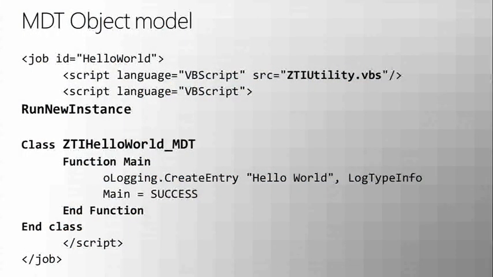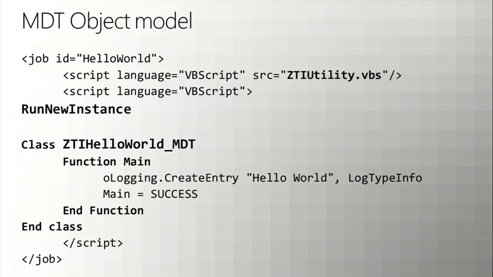A little note about the MDT object model: if you've ever opened up some of the scripts inside MDT, you've noticed that it contains these class functions. And the ZTI utility also is in a class hierarchical format. It is encouraged but not required to run. In this particular case, I could actually strip out the run new instance, class, the functions, everything except for the hello world.